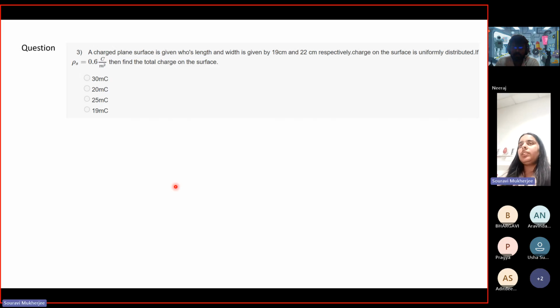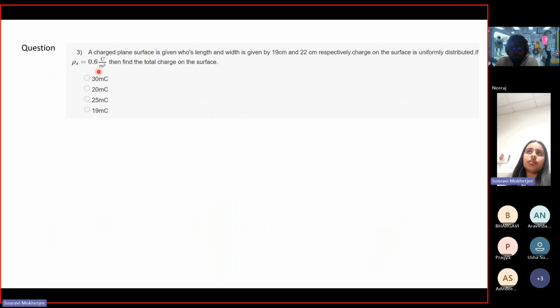Now, there can also be questions like, suppose surface charge density is given. You want to find the total charge on the surface, and you know the dimensions. So basically, you know the charge per unit area, and you can also find the area because you know the dimensions. So now it's very trivial, right? So what is the area?